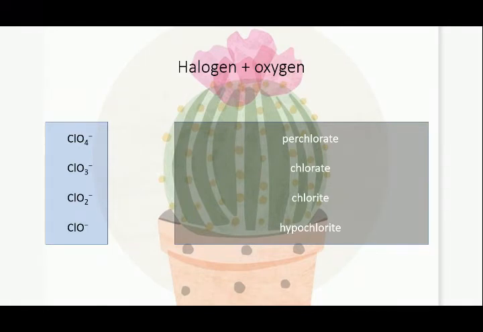The difference between these 4 polyatomic ions is the number of oxygen atoms. But the electrical charge for these polyatomic ions remains the same, which is -1 for all 4 polyatomic ions.